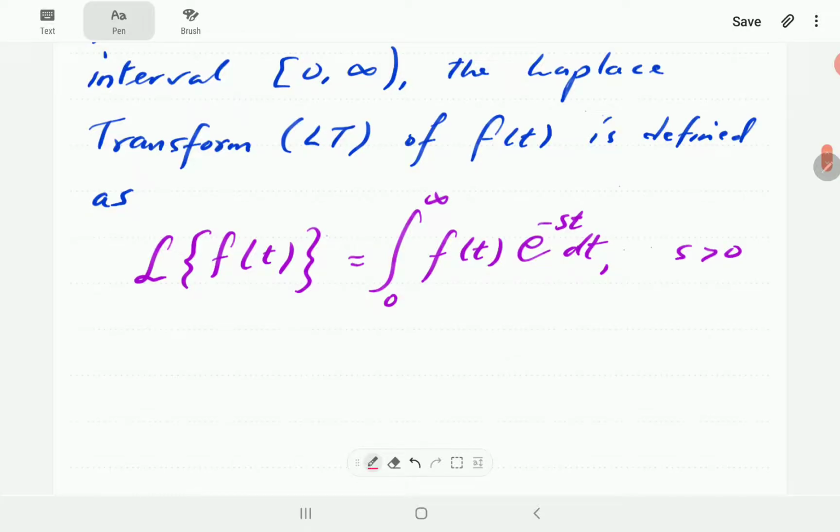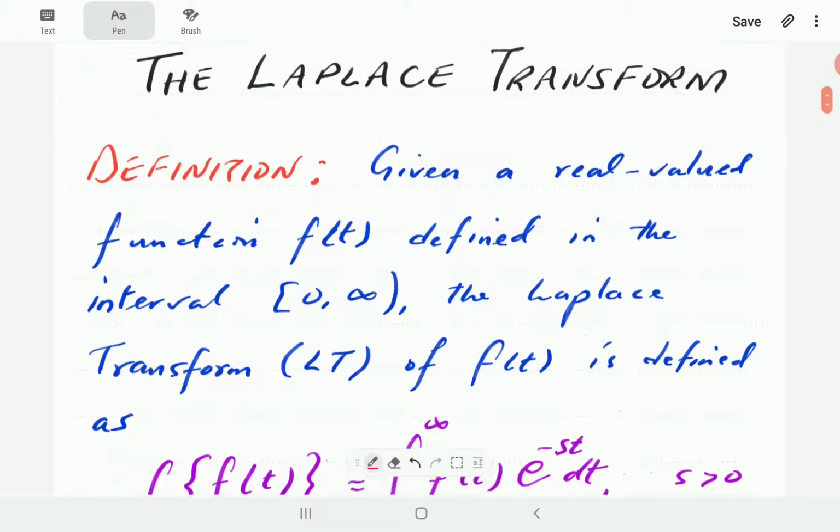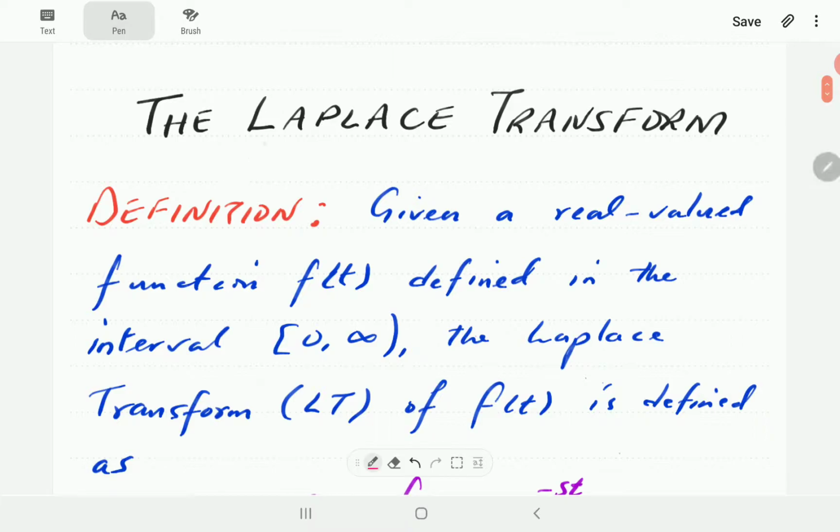For this reason, the Laplace transform belongs in the class of what we call integral transforms. There are a number of other transforms which are defined by an integral of some sort.